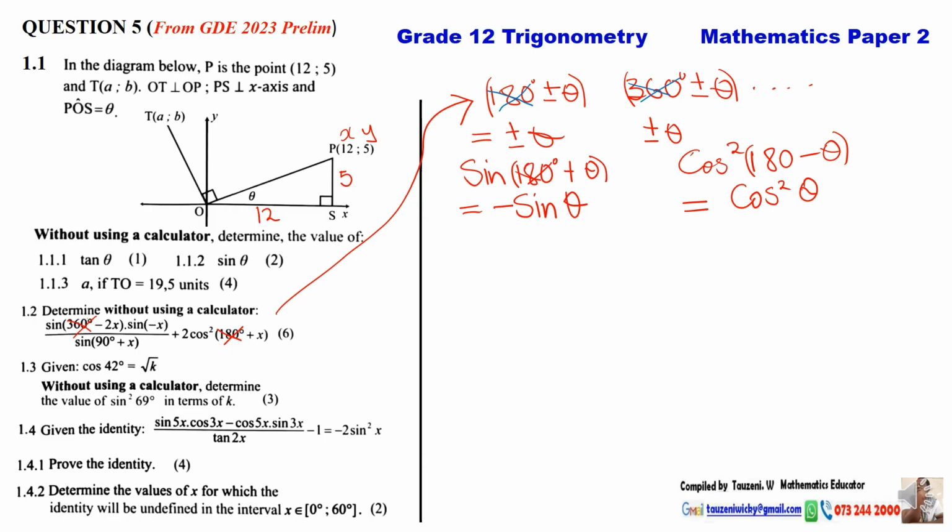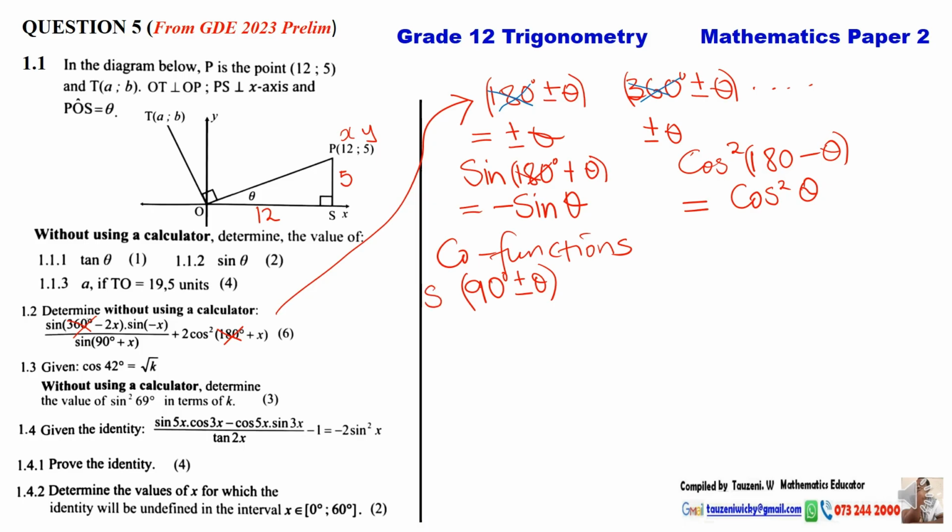Then apart from reduction formulas, also comes cofunctions. And they are always together. They are very good cousins. Cofunctions are now 90 degrees plus or minus theta. If an angle is added or subtracted from 90 degrees, then I apply cofunctions.